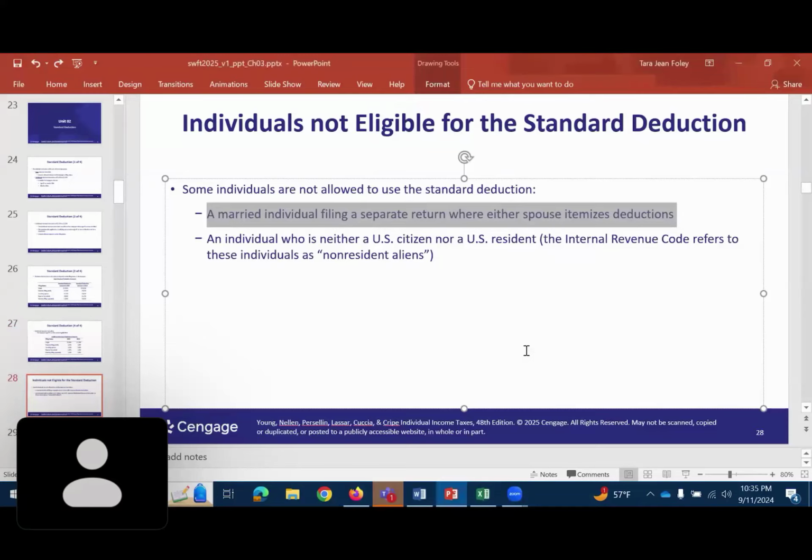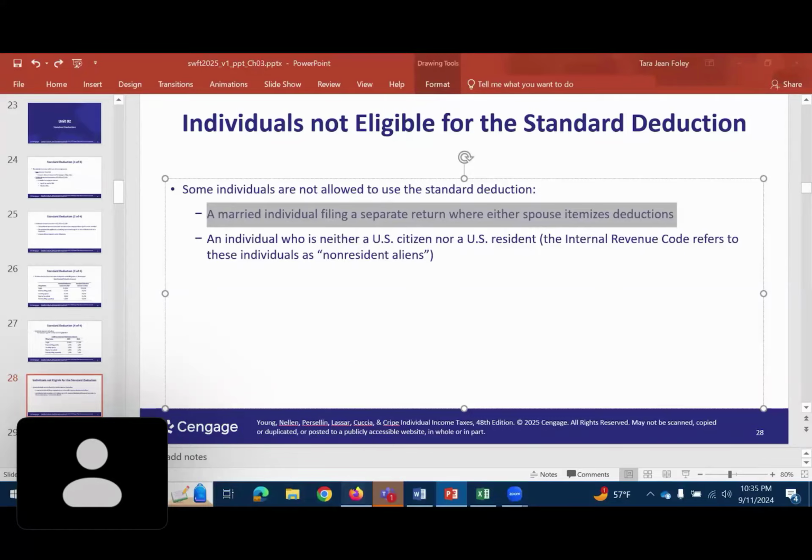And sometimes what happens is a lot of married people go to their accountant, and the accountant will do it both ways. They'll do it filing separately and they'll do it filing jointly to see which is the best outcome. So if they file separately and one of them itemizes, the other one cannot take the standard deduction because it's like doubling up.